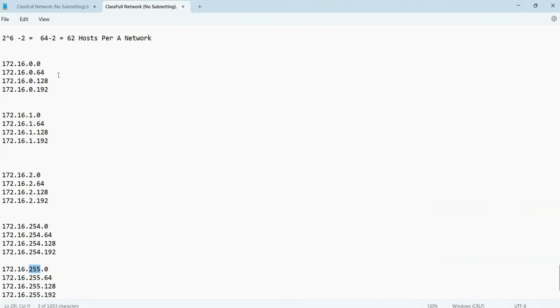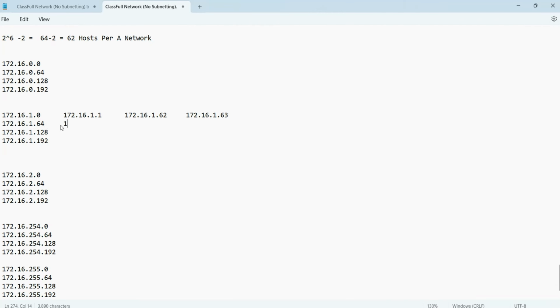And each one of them has how many hosts? Let's take a look at, let's say, this network, 172.16.1.1 is the first host. Now the next network is 1.64. So what is the last host? 1.62. What is the broadcast? 1.63. See that? What's the number after 1.63? 1.64.